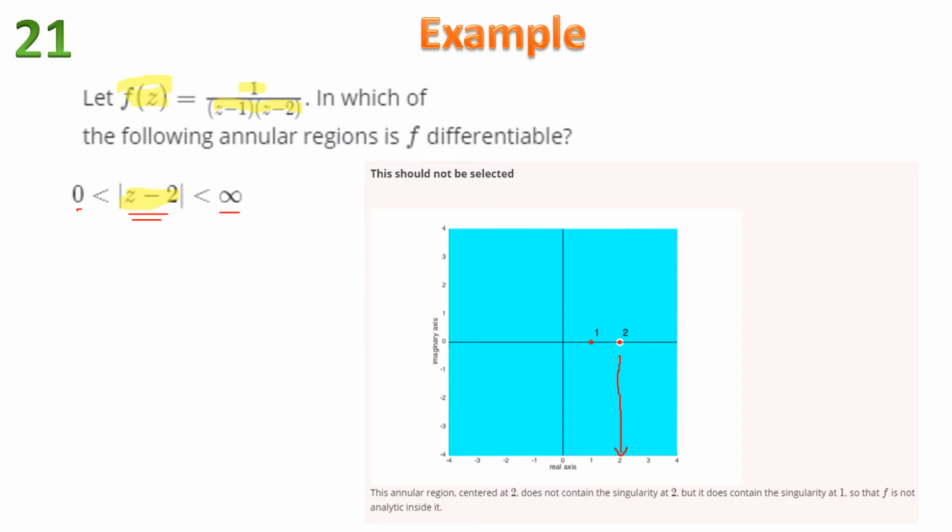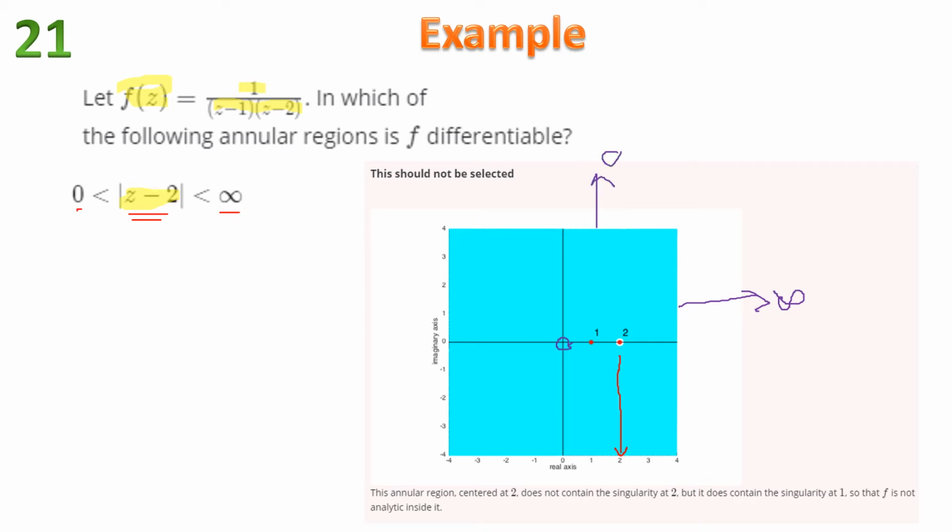I want to make a point here that 0 is not included, 0 is excluded, and this region goes up to infinity. So here this way you can go to infinity and this way you can go to infinity.